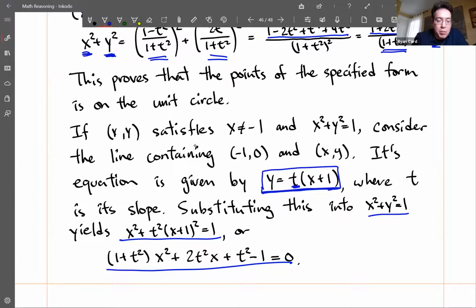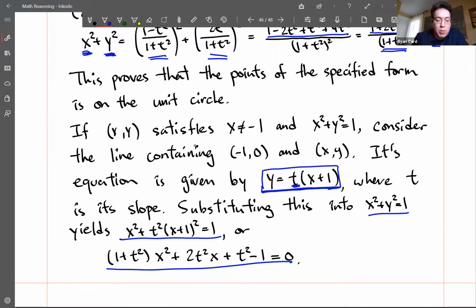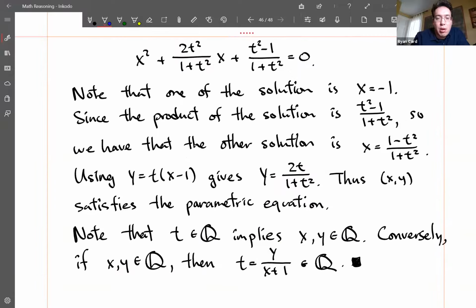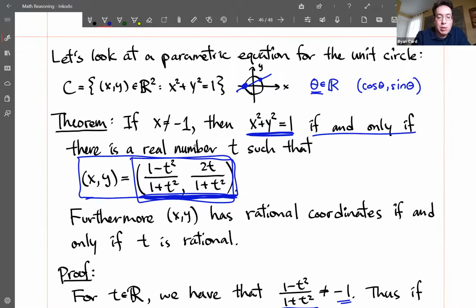If we divide both sides of this equation by 1 plus t squared, we'll get this equation. It might be a little easier to see in the previous form, but note that x equals -1 is one of the solutions.